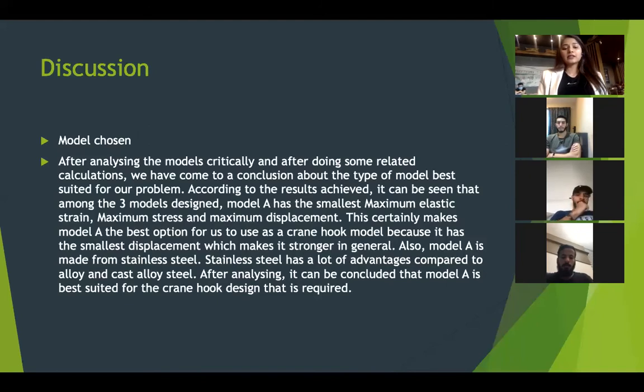Stainless steel has a lot of advantages compared to alloy and cast alloy steel. I think the only disadvantage will be the expense, the cost, but in the long term it will be covered. So our final conclusion is that model A is best suited for the crane hook design that is required for our problem statement. Now we will proceed to the conclusion.